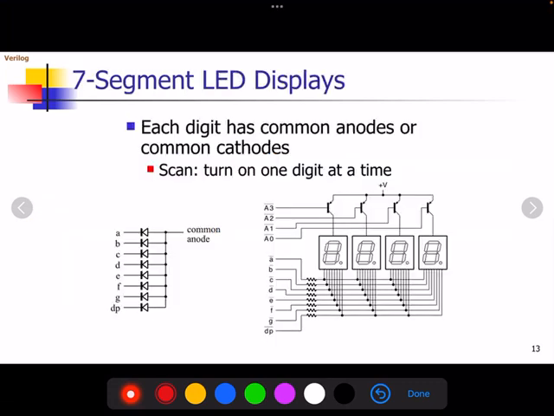There are also 7-segment LED displays available. We have already discussed them in other modules also. Each and every segment has a control based on what values we send.